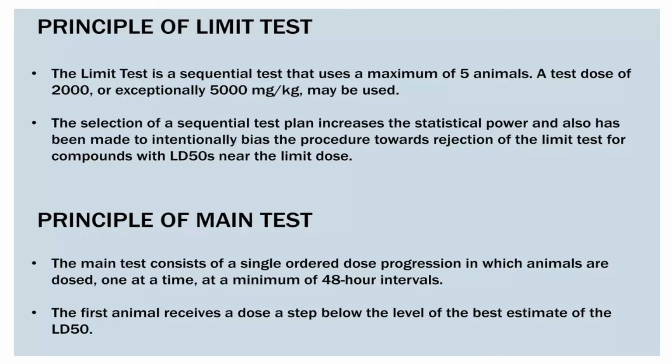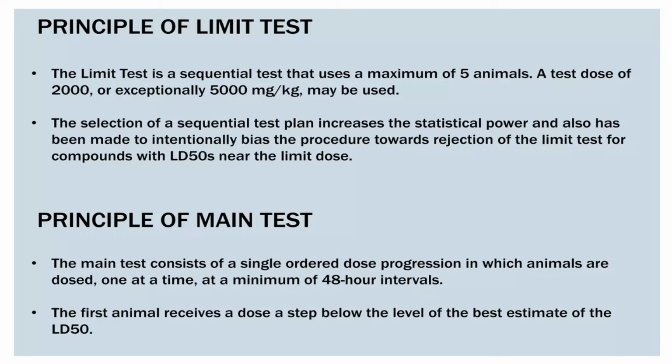We have to reduce the dose, meaning up to 3.2 times lower, to around 550. And if it is not dying, we go up to 3 doses at 2000, and up to 5 doses you can go, and then you can stop the experiment.